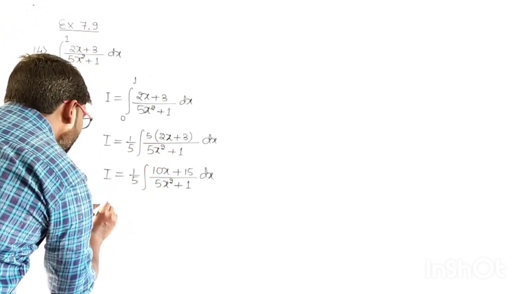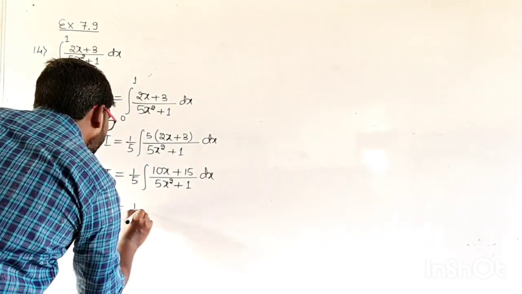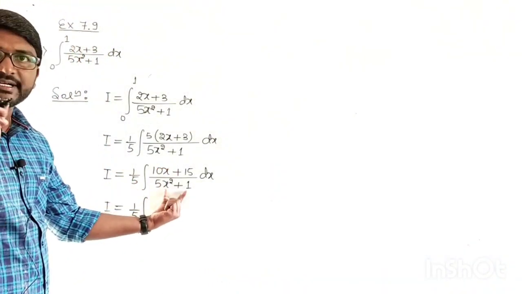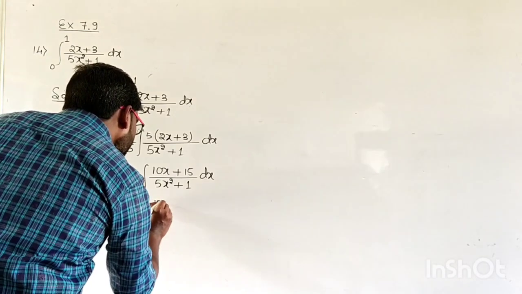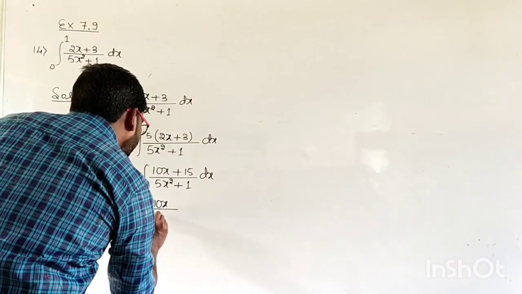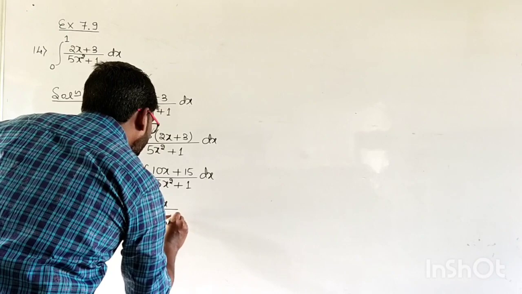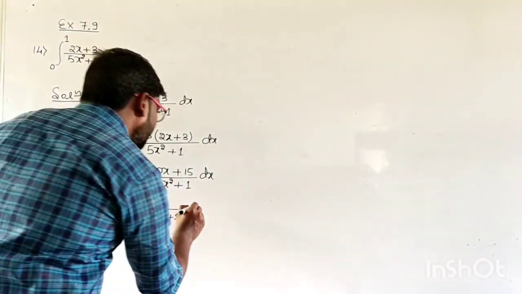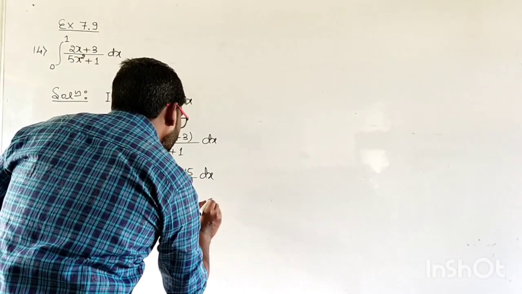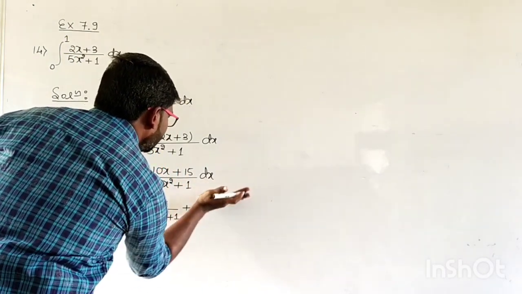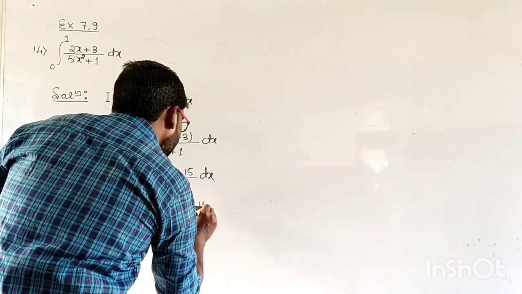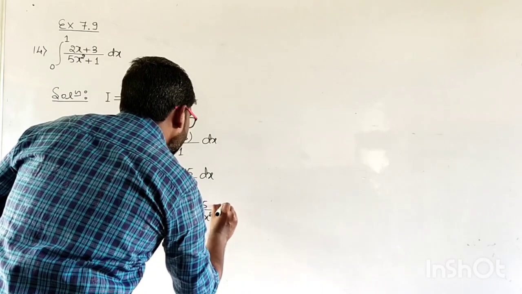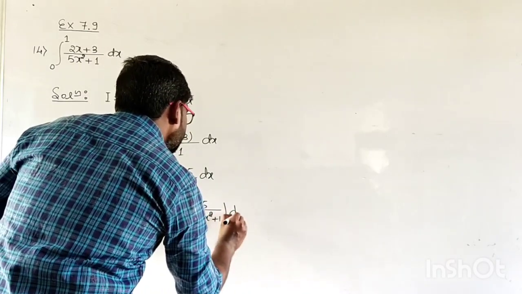So here I is equals to 1 by 5, then integral 10x divided by the denominator 5x square plus 1, plus 15 divided by the denominator 5x square plus 1 dx.